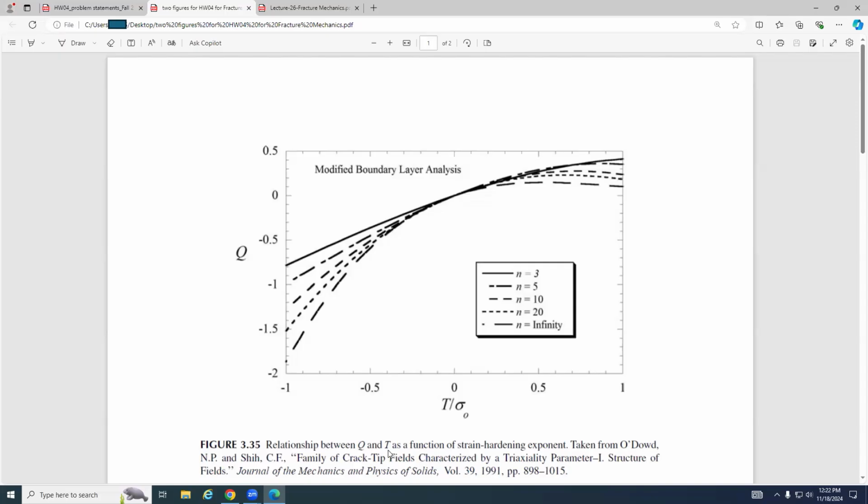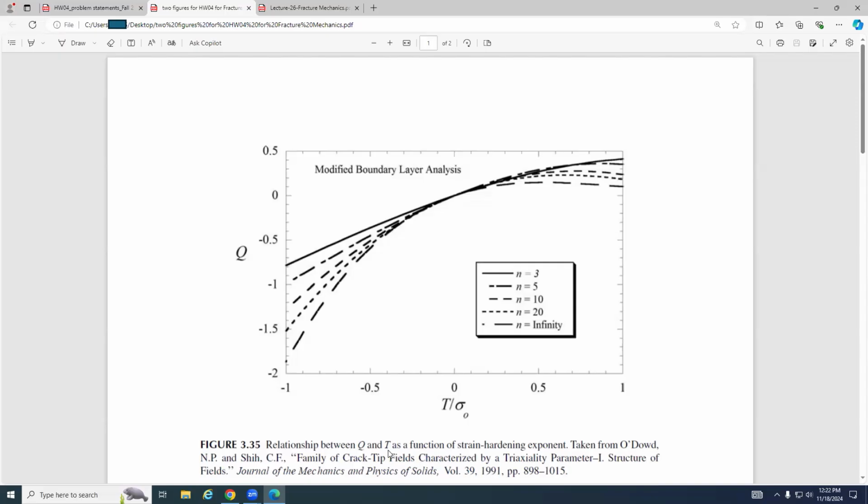So this point is 1, 2, 3. So this is point 5, and this equals 0.275.